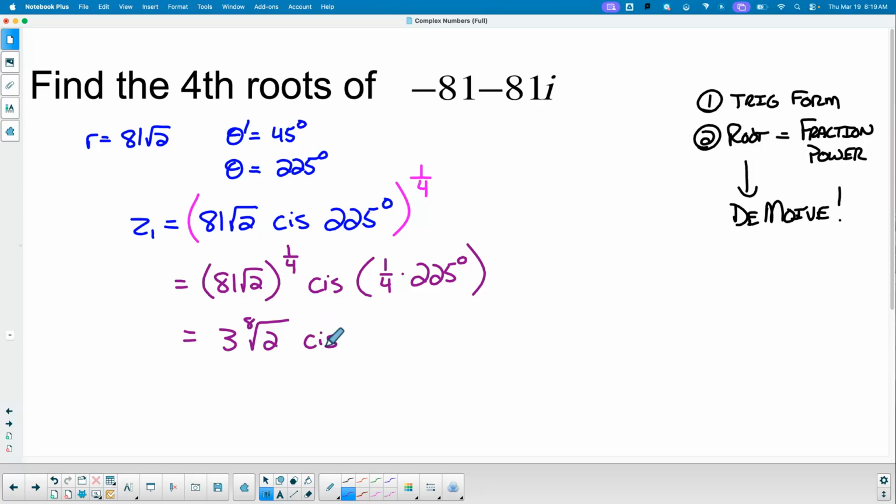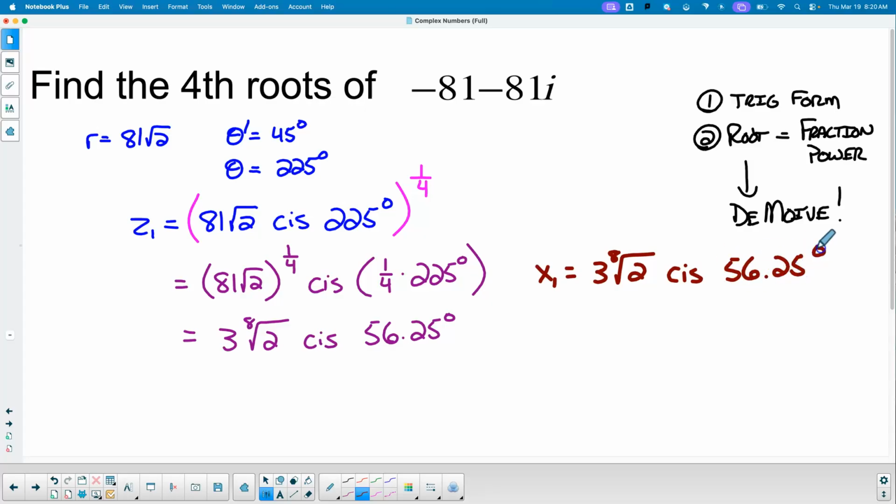And 225 divided by 4 is 56.25. Agree with me on that? Okay? So, if you wanted to be exact, you could say the first root would be 3 times the 8th root of 2 cosine I sine of 56.25 degrees.